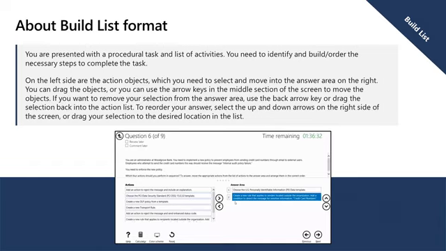And the last part, which is super complex in this kind of question, reordering. To reorder your answers, select the up and down arrow on the right side of your screen, or drag your selection to the desired location in the list. So this kind of question is, from my point of view, the most complex, because you have to select what will be the right answers and put also these answers in the right sequence.